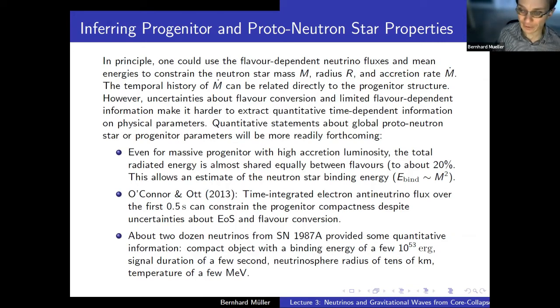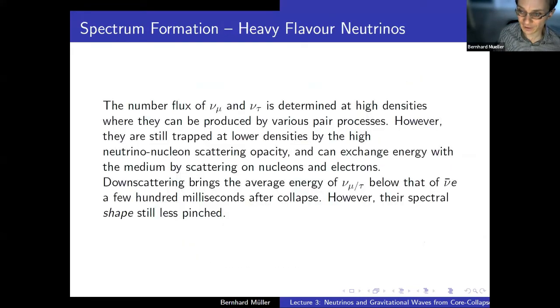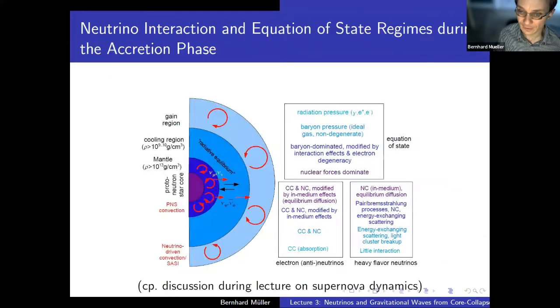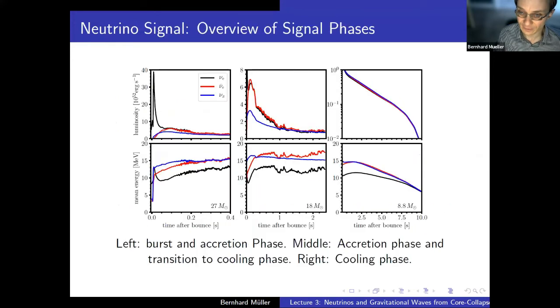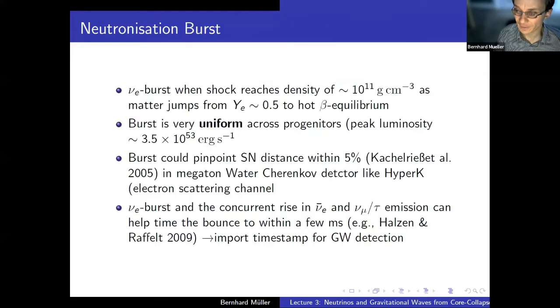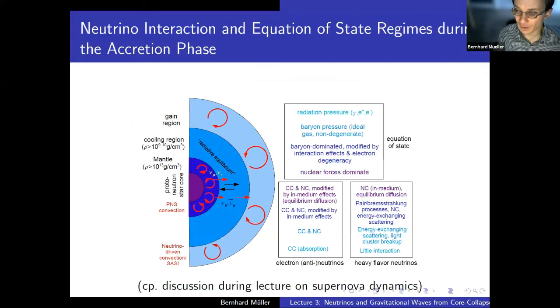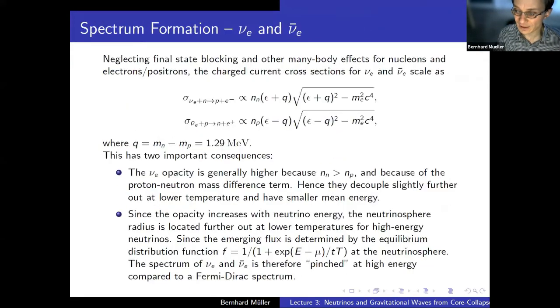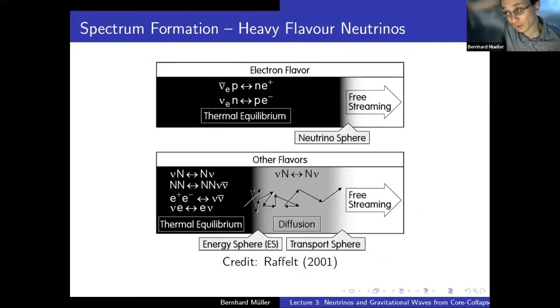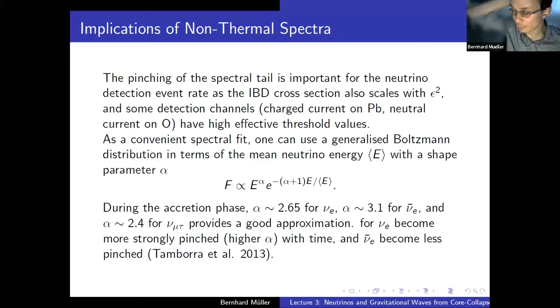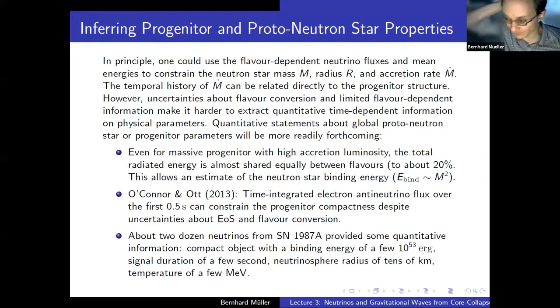For example, if you consider the entire accretion phase here, where you have some excess of the electron neutrino and electron antineutrino emission over the mu tau neutrino emission, if you consider the entire phase of neutrino emission, both before and after the explosion, where the luminosities become more similar, still the overall emitted energy, which is the binding energy of the neutron star, is shared relatively equally between the different flavors.